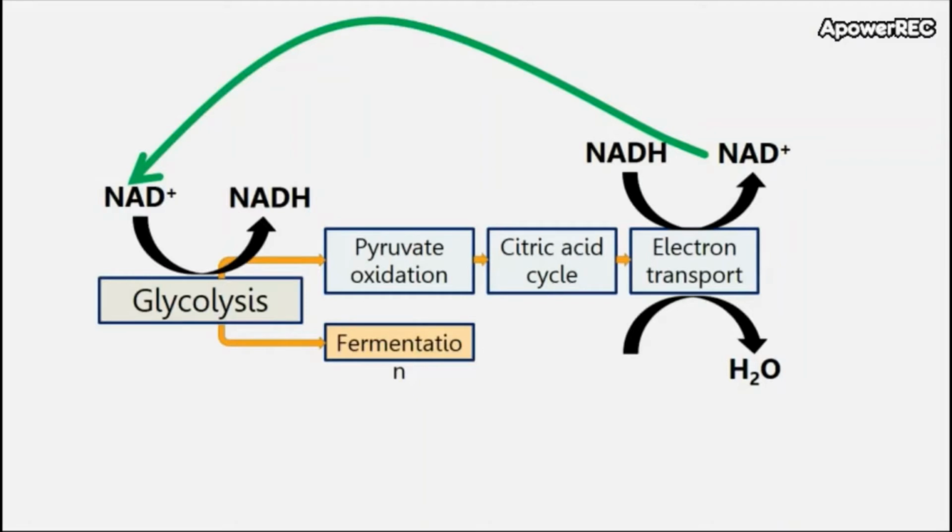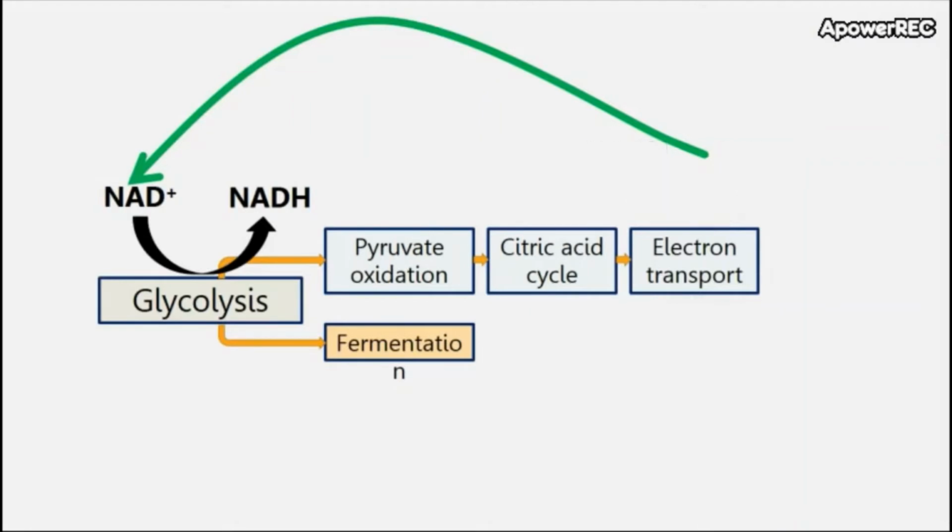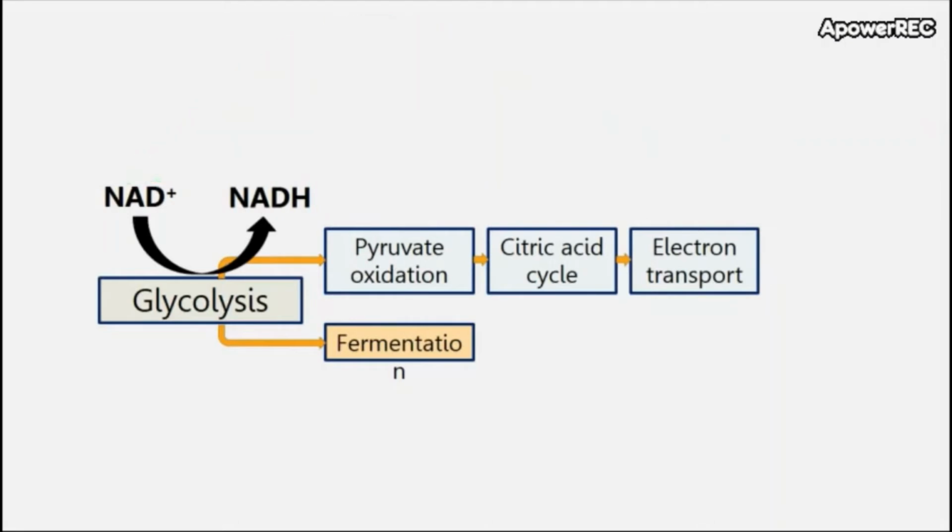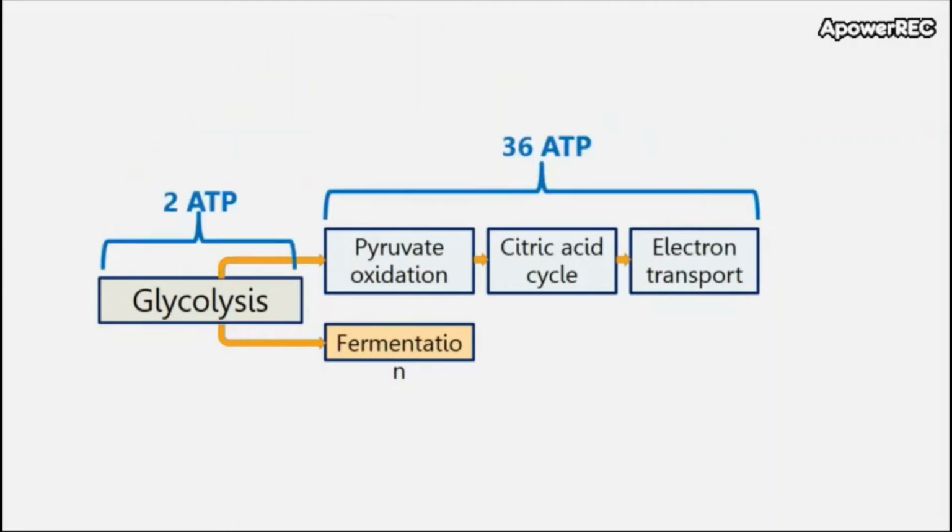So without any oxygen in cellular respiration, we don't capture those electrons, and therefore we cannot dispose of our electrons from our electron carriers in glycolysis and the citric acid cycle. And so therefore this regeneration process cannot occur.